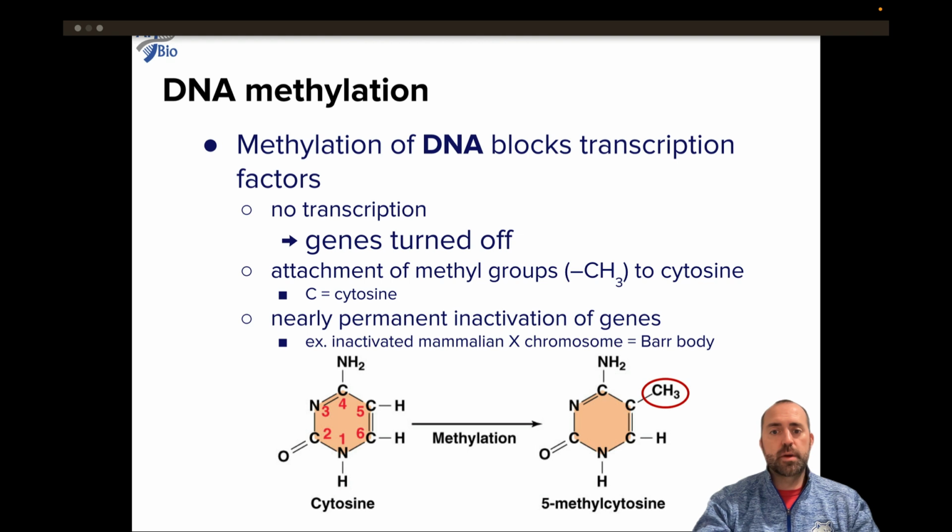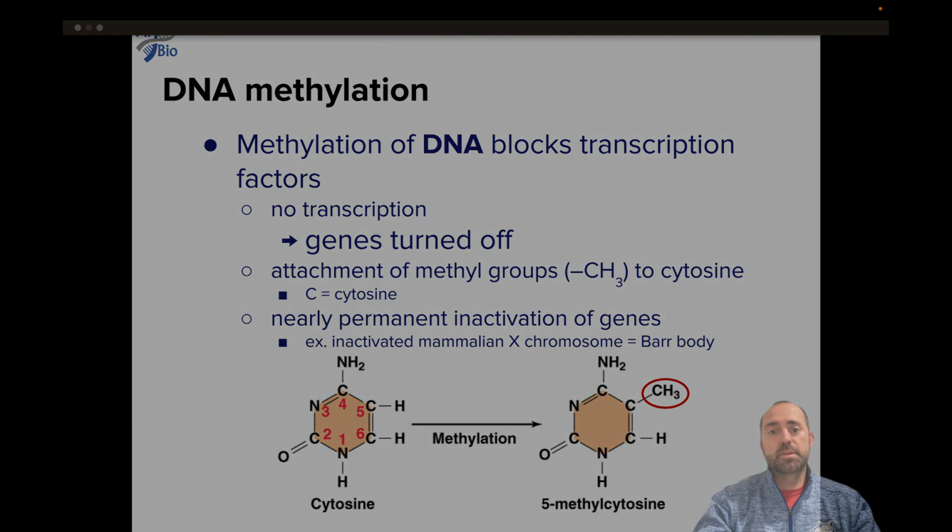There have been some studies showing that this could be reversed in some cases, but most of the time this creates a permanent inactivation. One good example of this is how the Barr bodies are created during inactivation of the mammalian X chromosome. Basically, all the cytosines get these methyl groups that don't allow the RNA polymerase to actually transcribe the genes.